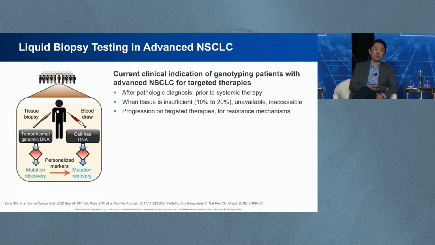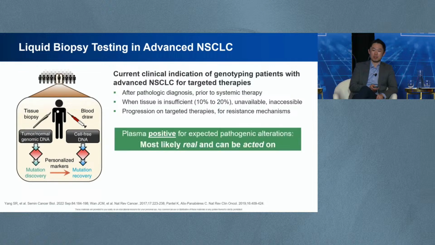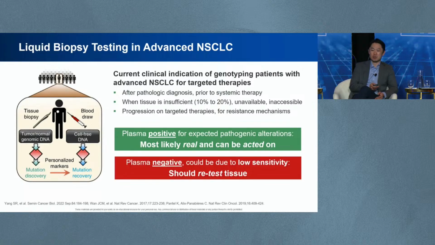This is really helpful when tissue is insufficient, and also for progression on targeted therapies, so for resistance clones. And so the take-home point here is that, especially if your assay doesn't have tumor fraction, if the plasma is positive for an expected pathogenic alteration, this is very specific, and it's most likely real, and it can be acted upon, and doesn't really need a tissue confirmation.